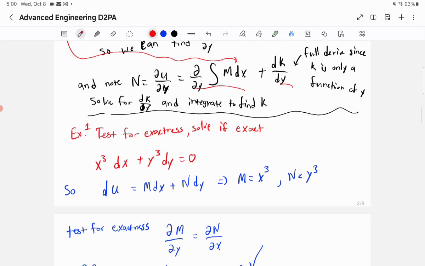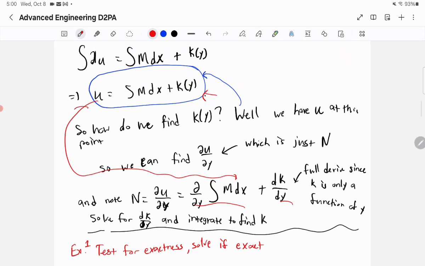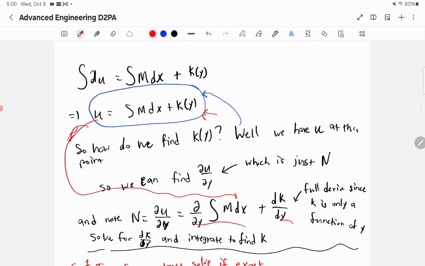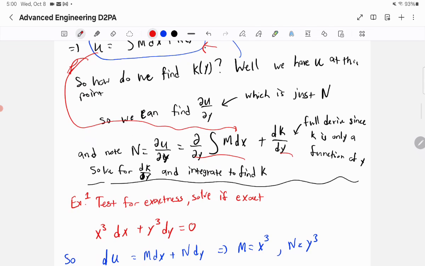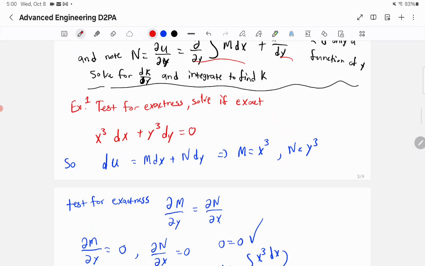So we have to actually find M and N. We have to figure out what M and N are. And then we can do this process to get our implicit. So we integrate first, and then we take the derivative with respect to y, and we'll be able to find our function u that way.